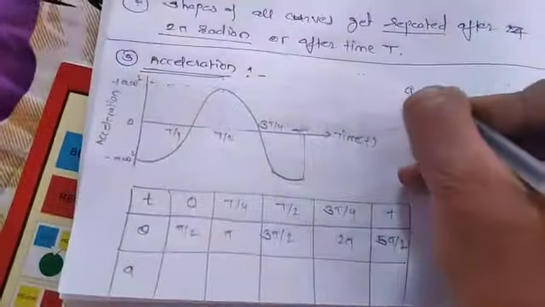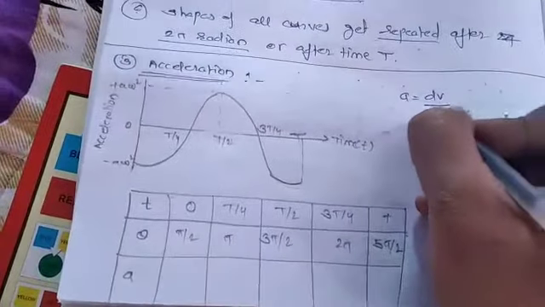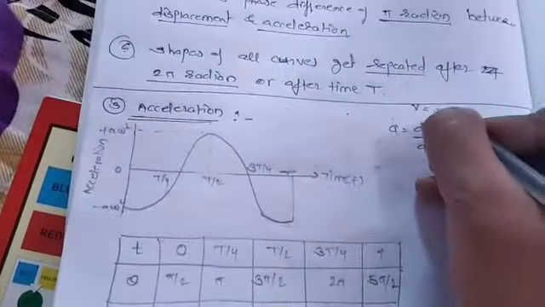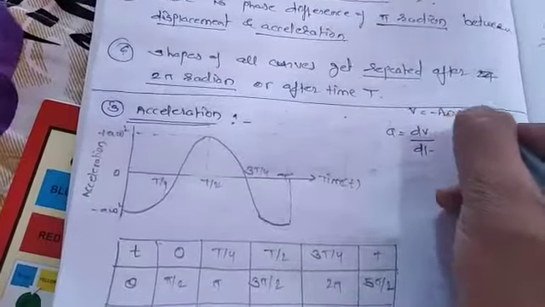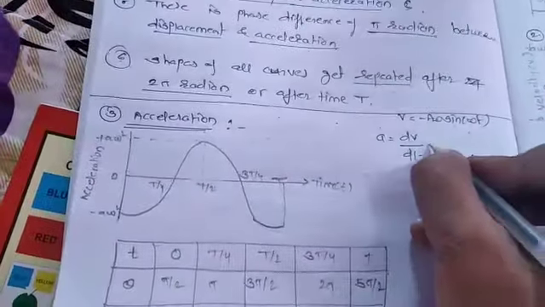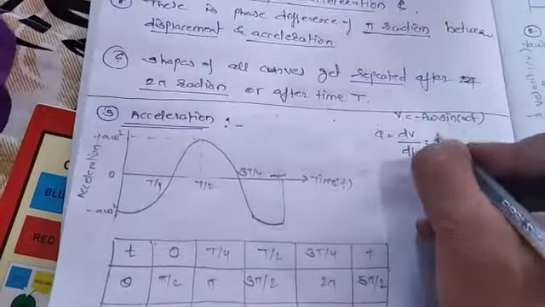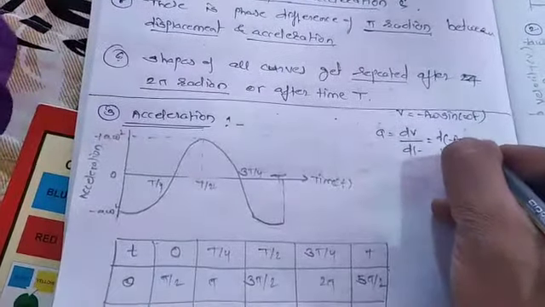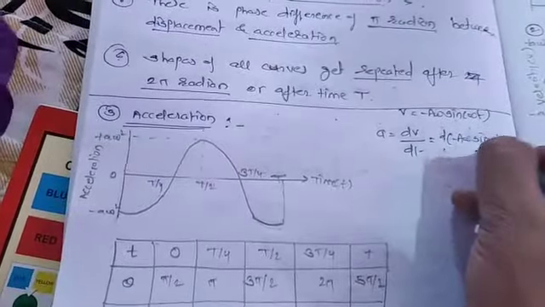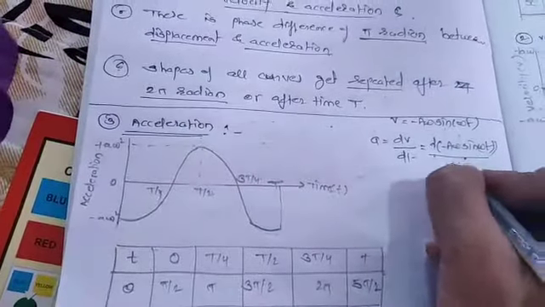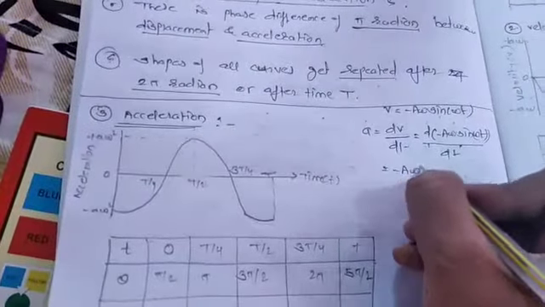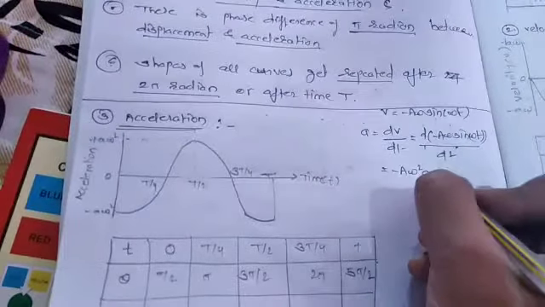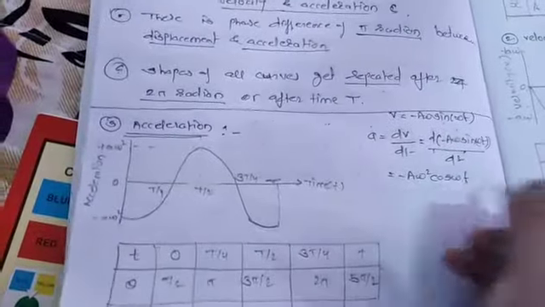So for acceleration we can write dv by dt, which is d of minus a omega sin omega t by dt. Differentiating this equation, it is minus a omega square, since the derivative of sine is cos omega t. This omega is constant, so it becomes omega square.